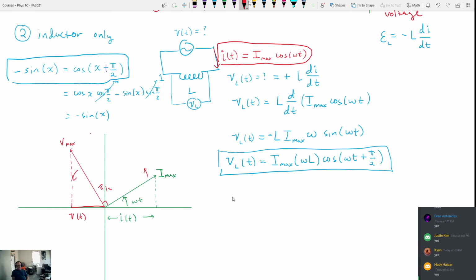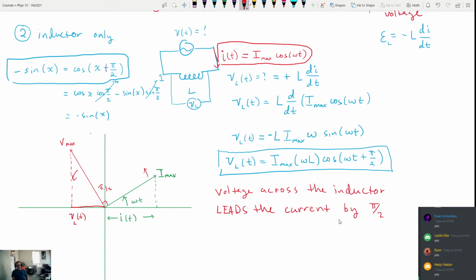And what we can now say is that the voltage across the inductor, V_L, leads the current by pi over 2, or by 90 degrees.